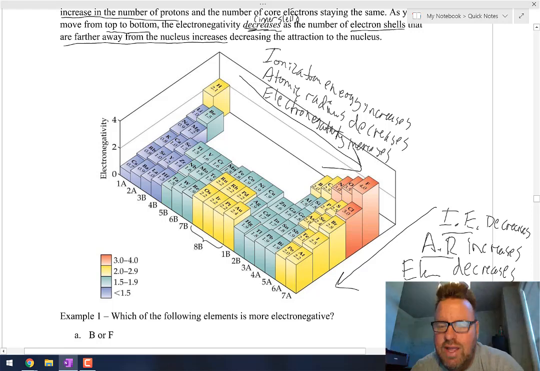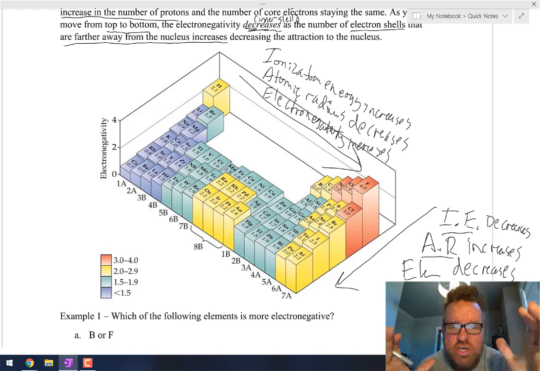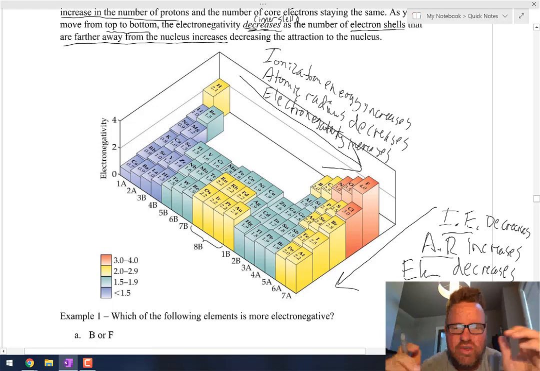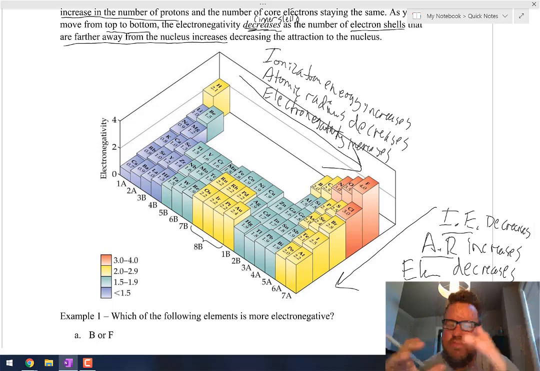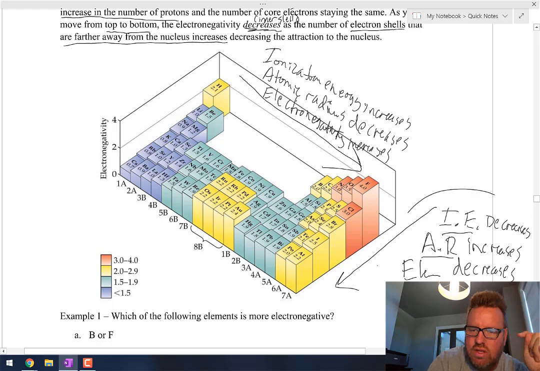And again, why does that happen? Why does the ionization energy and electronegativity go down, but the radius get bigger? Because you're adding more electron shells. Adding more electron shells that are farther away from the nucleus, that has more of those inner shell electrons blocking the attractive force of the nucleus. Atoms absolutely get bigger, and it's easier to take electrons away from them, and the attraction to the nucleus isn't as strong, so all three of those things happen.